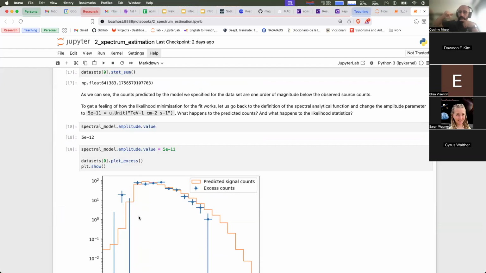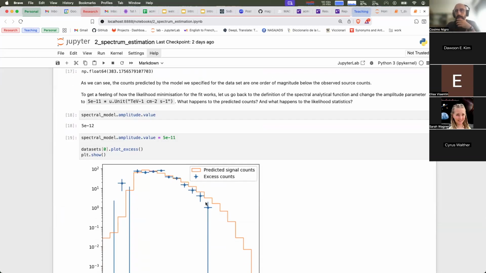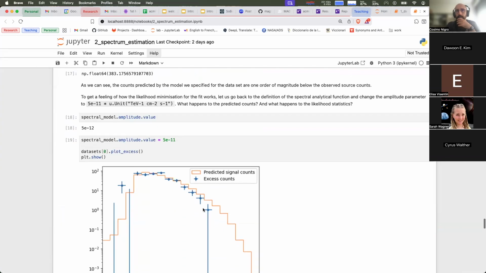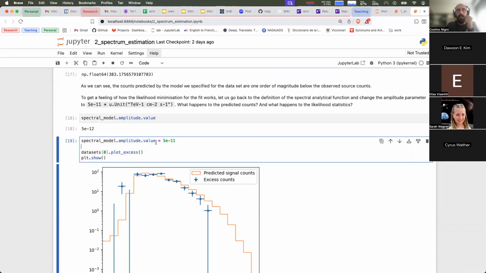Let's say it will find the parameters of the spectrum that convolved with the IRF will give me the counts that better represent the counts that I actually measured. Any question?